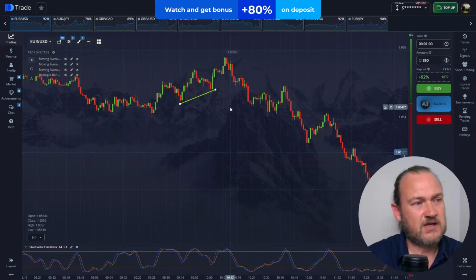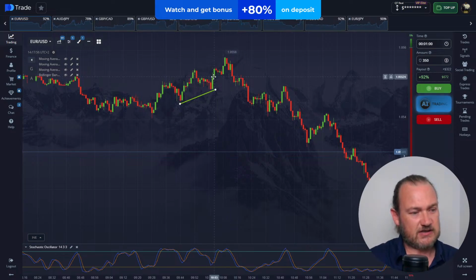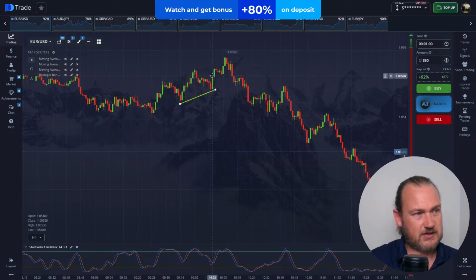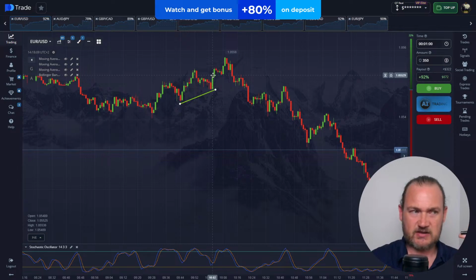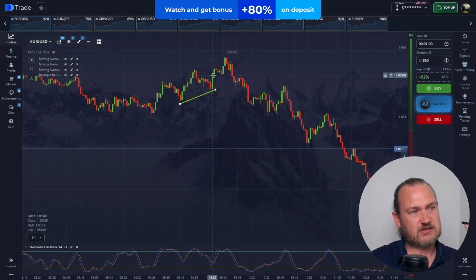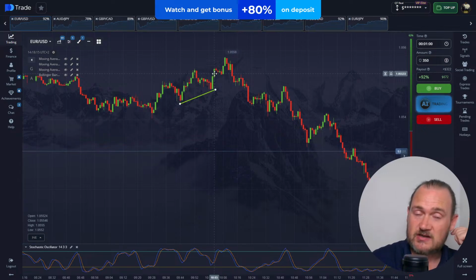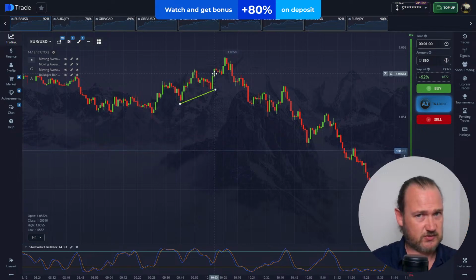This would have been a good trade if, on this big green candle, the cross of the stochastic confirmed that it's turning upwards. I could have taken a trade on this candle or this candle, and if I'd taken 5 minute trades on either of those two candles, that would have been a good trade.